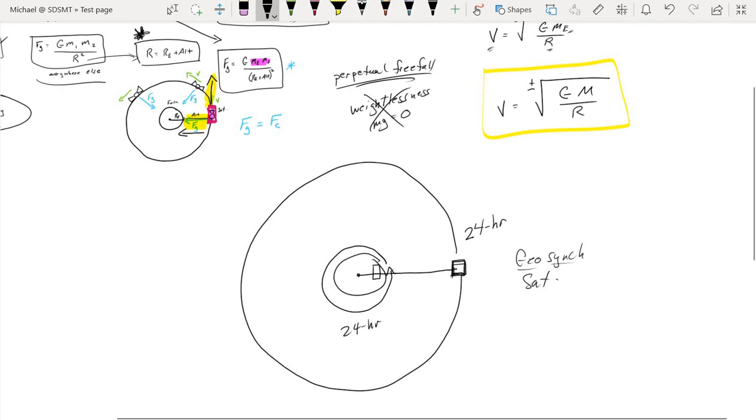So at what center-to-center radius would that satellite have to be placed, and at what speed would that satellite have to be traveling such that we can accomplish this 24-hour orbit?